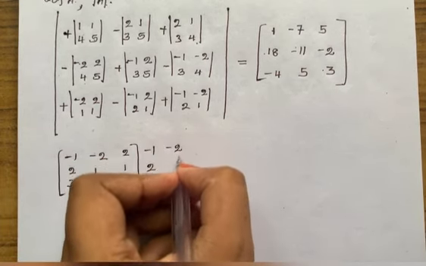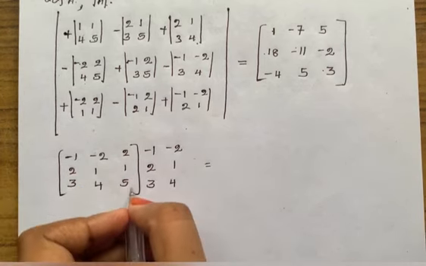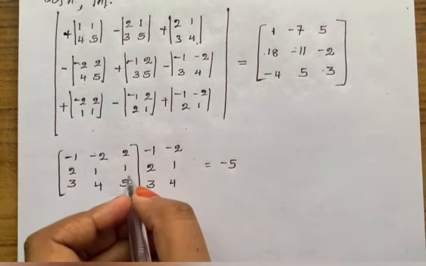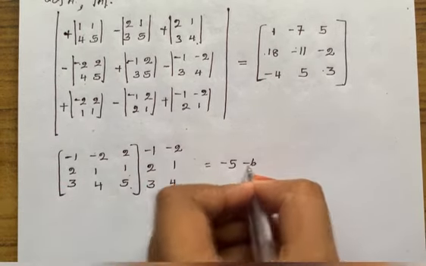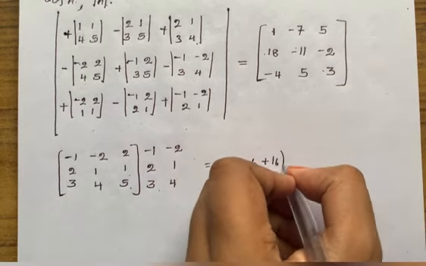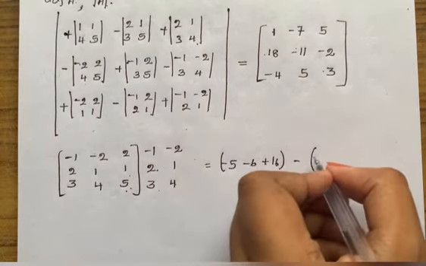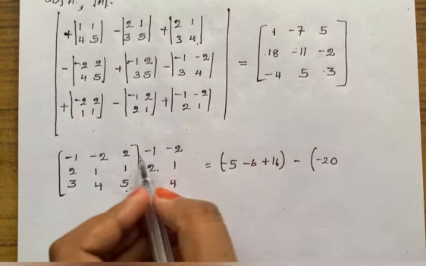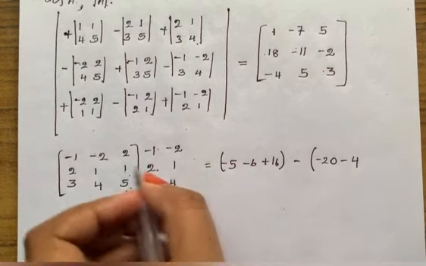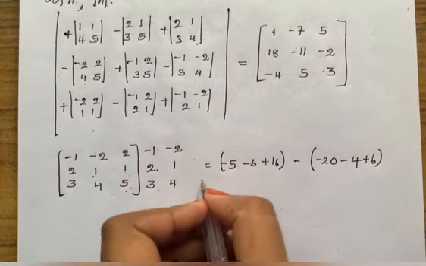So I'll do it with that method. Just multiply the corners and add the first 3 corners, and subtract the sum of the next 3 corners. Okay, so the first one I'm done, and the second one I'm writing now is minus 20, and the second corner would be minus 4, and the third one is plus 6.